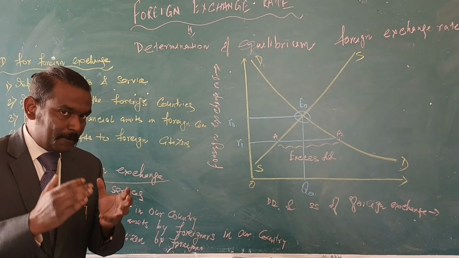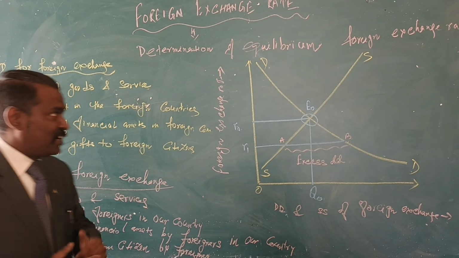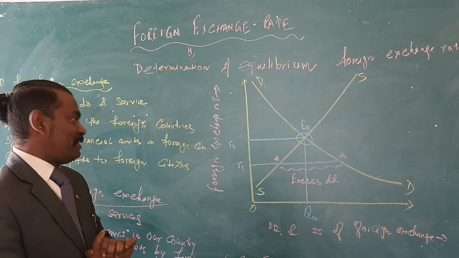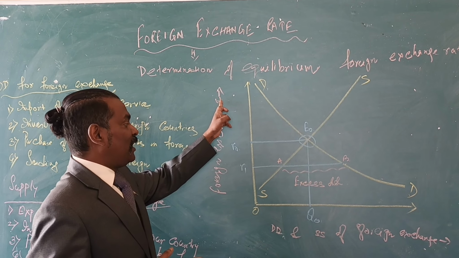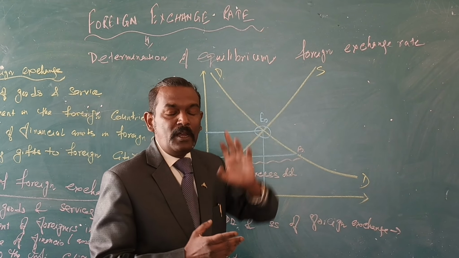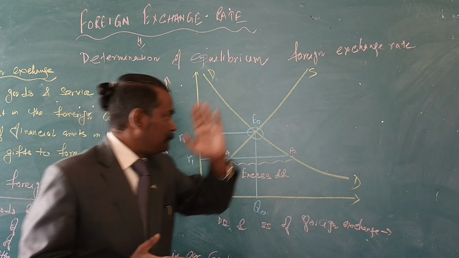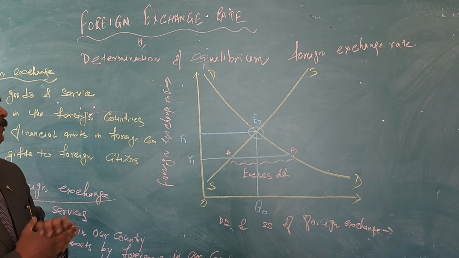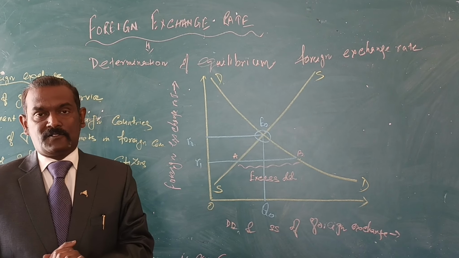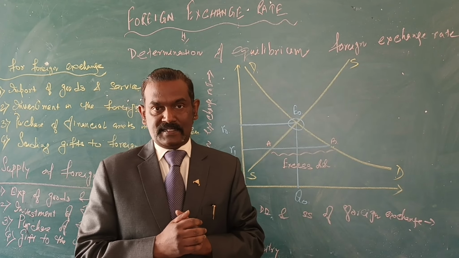The supply of foreign exchange is directly related to the foreign exchange rate. That is, as the foreign exchange rate increases, the supply of foreign exchange will also increase. So the demand for foreign exchange is negatively sloped, whereas the supply of foreign exchange is positively sloped. This we have already explained in our previous lesson.